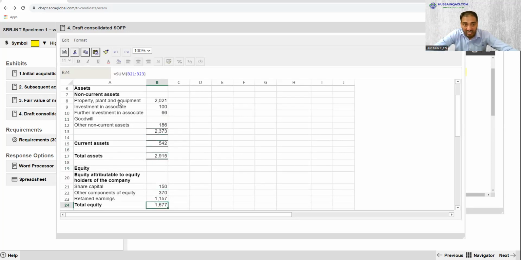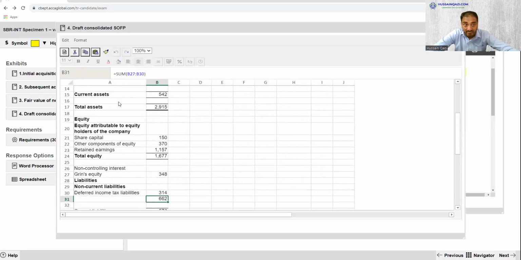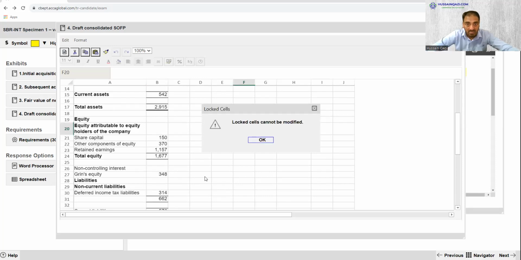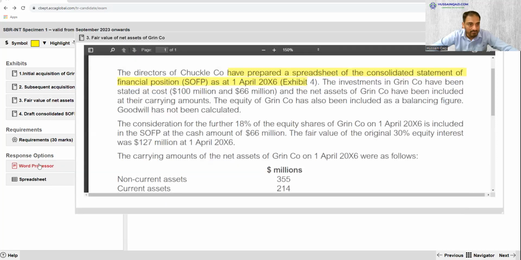Other non-current assets, current assets, share capital, other components of equity, retained earnings, NCI. NCI is missing here. That is the point. Okay, sorry.